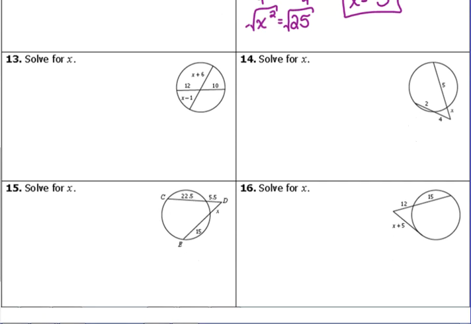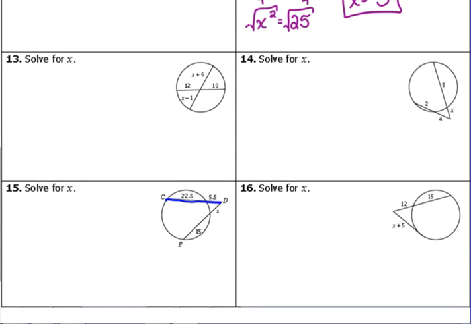All right, let's see here. We need to do number 15. Let's do number 15 here because we've done this type. This is type 2. But this one's going to take on a little bit of a different solving, I guess you would say, steps in that we need to solve.